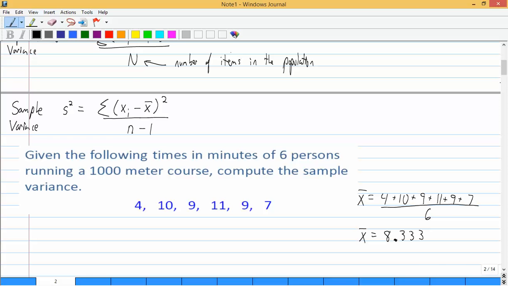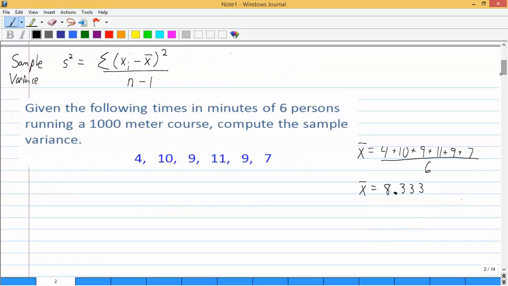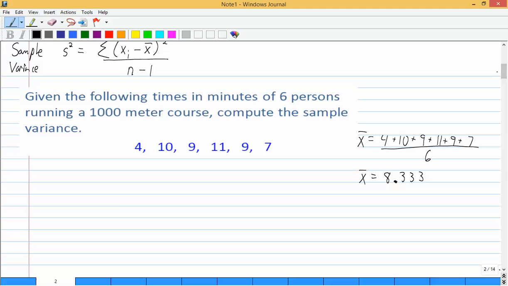Alright, so now the best thing to do is to make a chart. So first I'm going to list all of my x values in my chart. And I'm going to sort my x values. Now you don't have to sort the data values, but if you do and you work out something for one, then it's going to be the same for the next one.